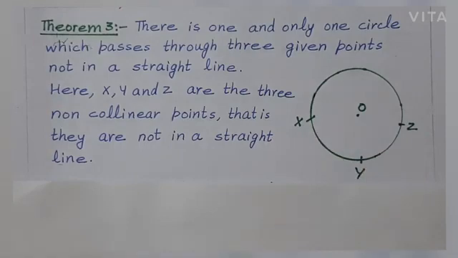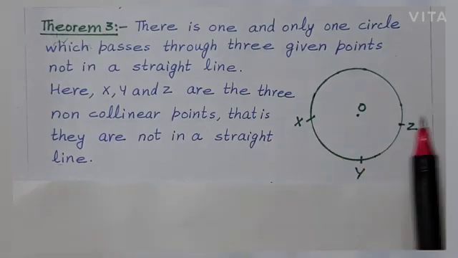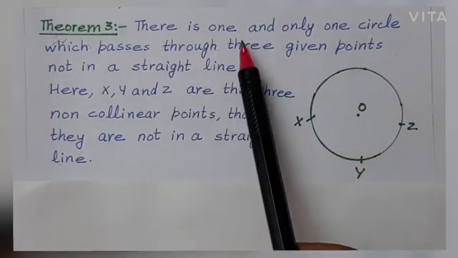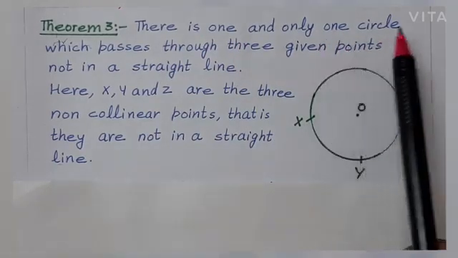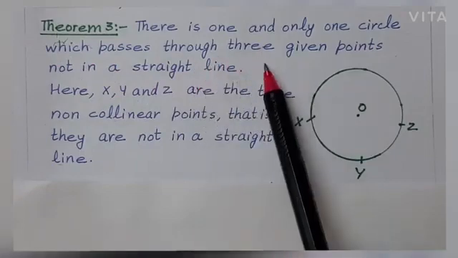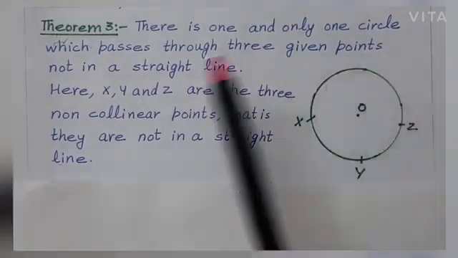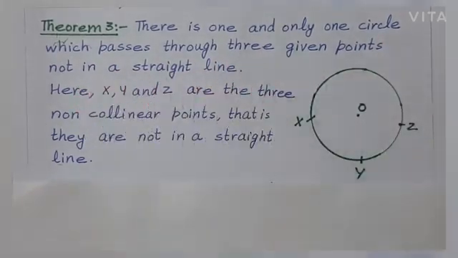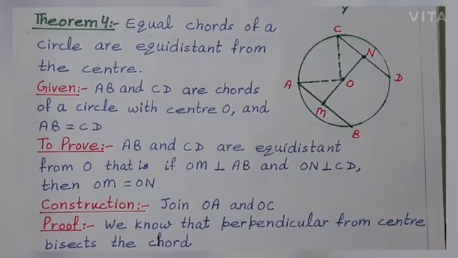I'll repeat: there is one and only one circle which passes through three given points not in a straight line. Is it clear to everyone? Here also students, no need to do the proof of this theorem.